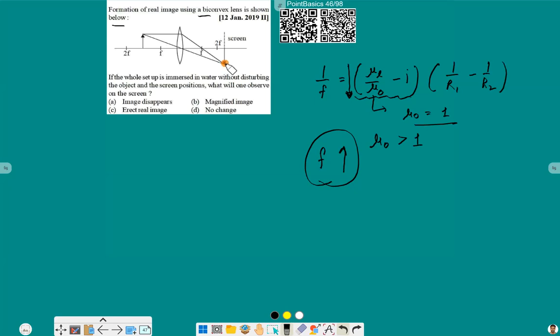Initially light was getting focused here, now light will be getting focused at some point behind the screen. And if light is getting focused behind the screen, the image will not be formed on the screen. So we can say the image disappears. That is option A here.